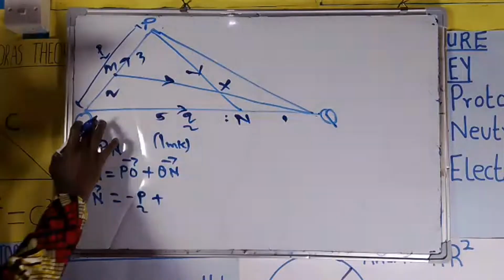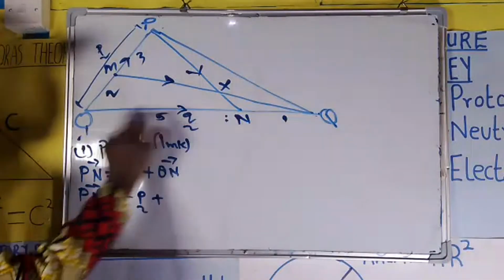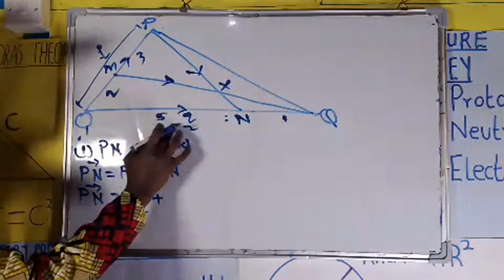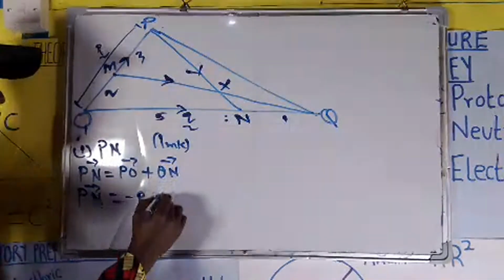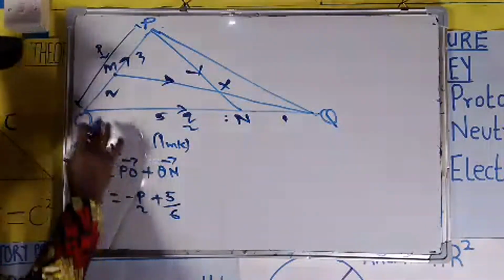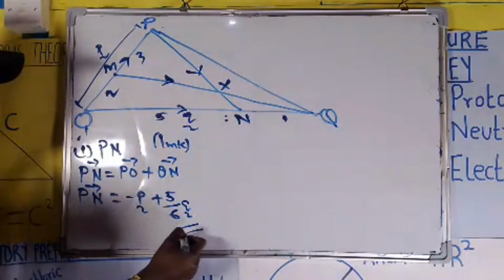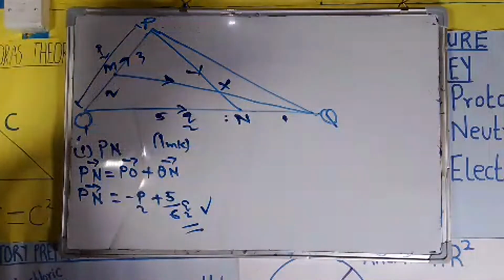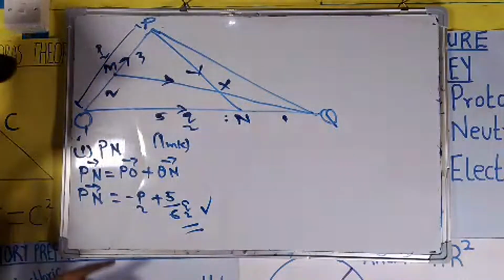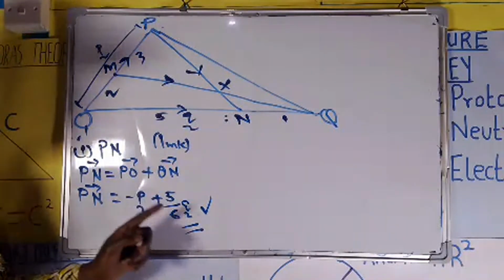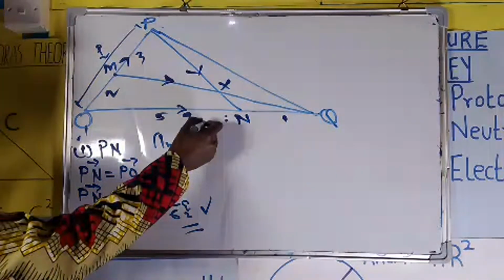ON, remember, is a fraction of OQ. So it will be 5 over the whole of it, which is 6, of OQ. Our OQ is Q vector. And we are done with PN. So our PN will be minus P plus 5 over 6 Q. We are done.